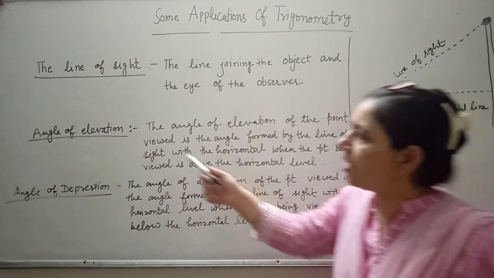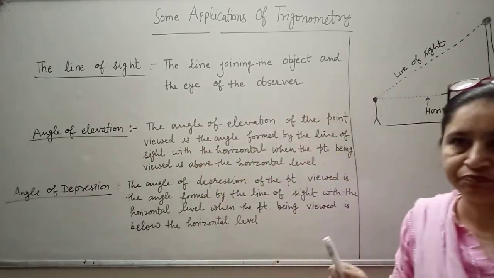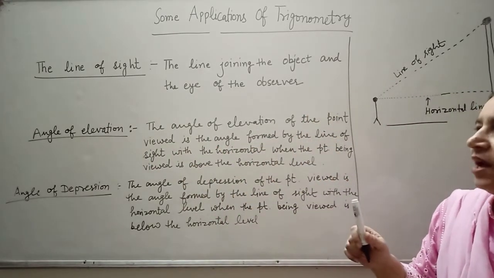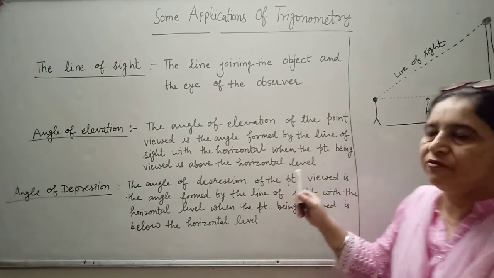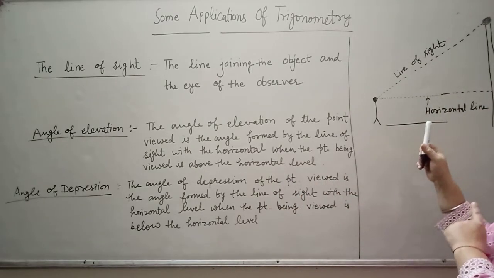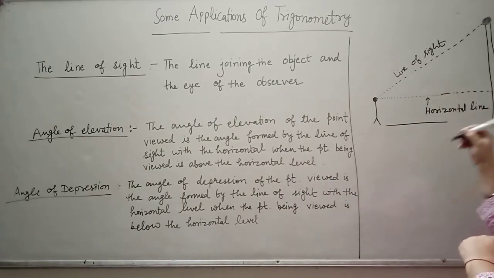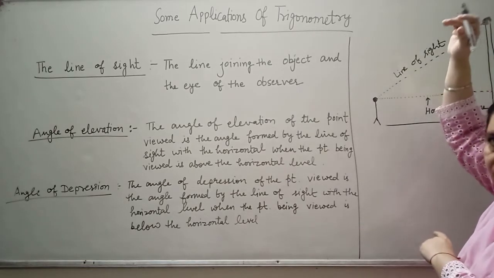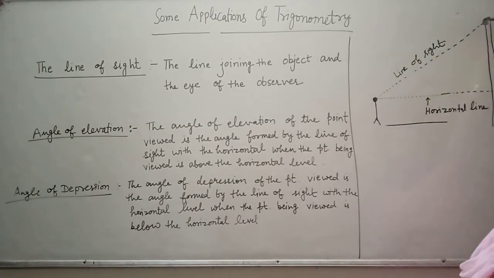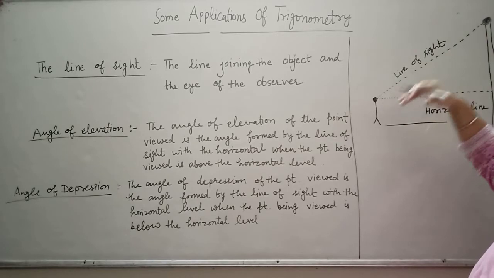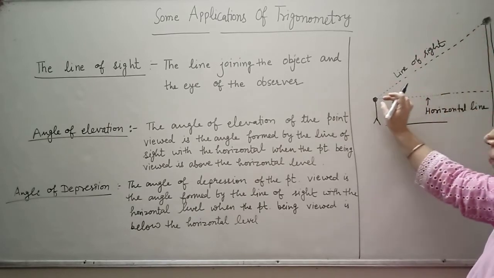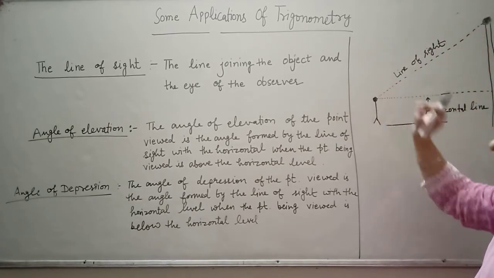Now what is the angle of elevation? Angle of elevation is concerned with the case when the object which you are watching is at a higher level. You can say the top of this tower is at a higher level as compared to the eye level of this person.